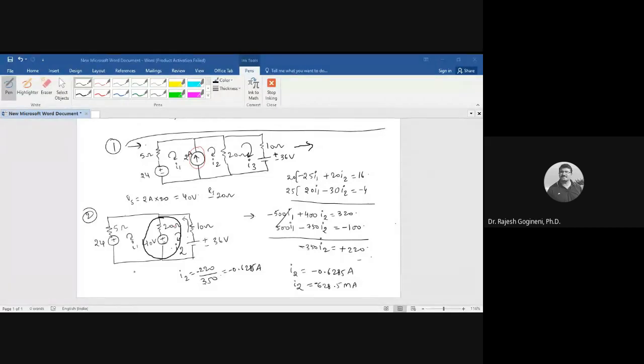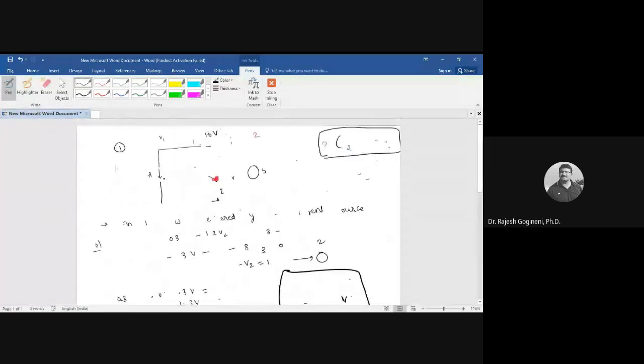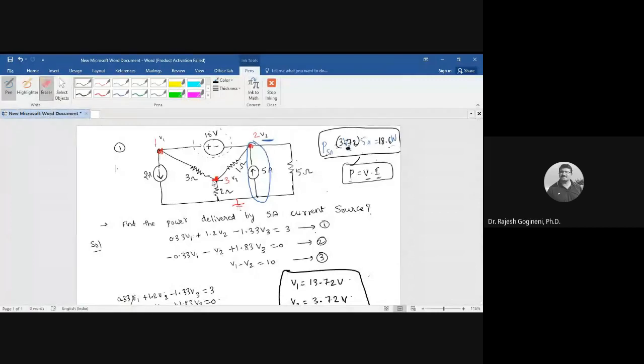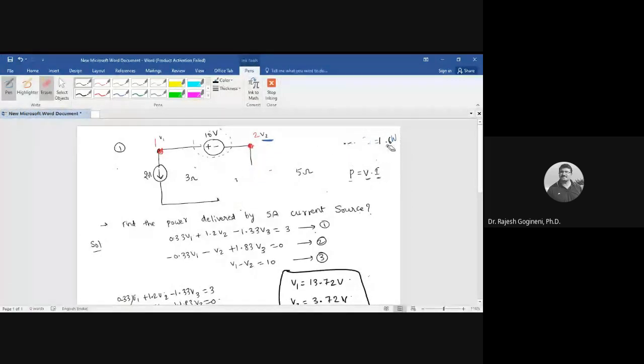Did you finish this one? In the problem, only one thing is asked, that is the current flowing through the 10 ohm only. So only I2 is enough, right? I have noted down that problem. You draw the 2 equivalent circuits.